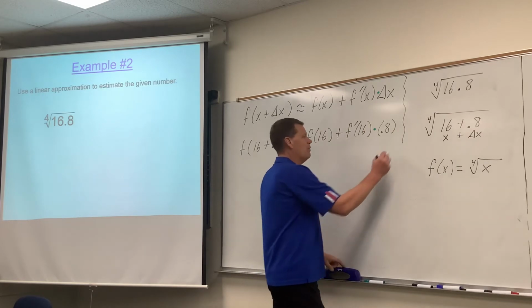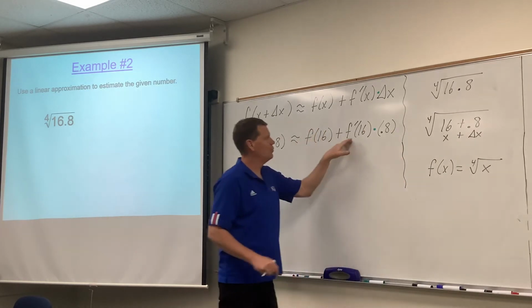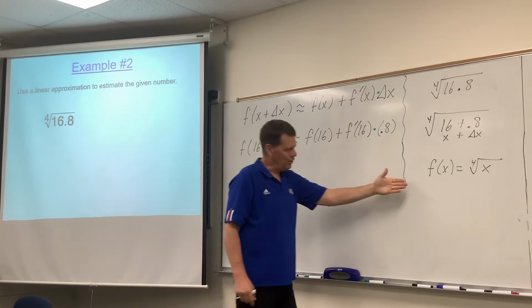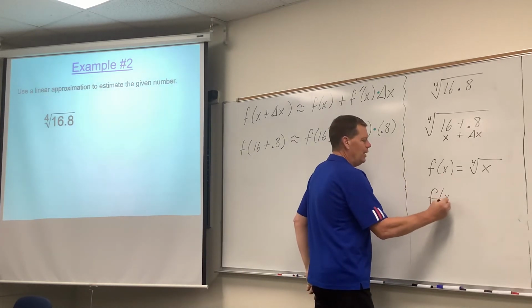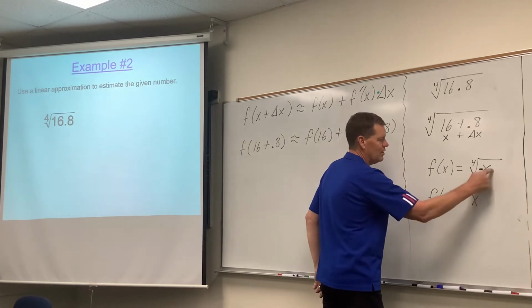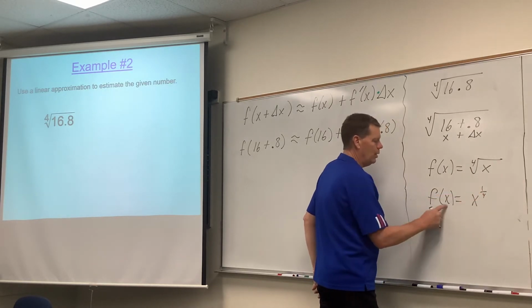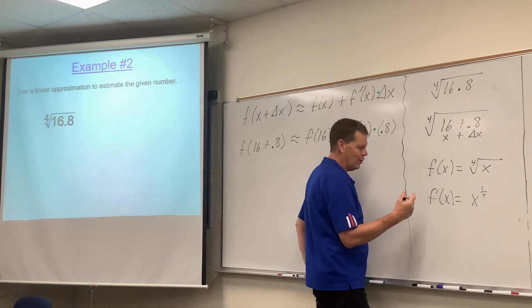All right, now before we continue though, part of this requires the derivative. So let's determine that down here. Well, in order to find the derivative of the fourth root of x, we'll need to change that into x to the 1/4 power, no derivative yet, just a rewrite.